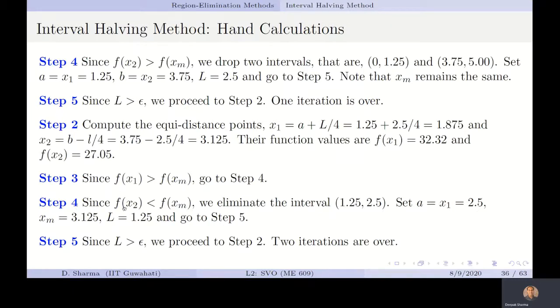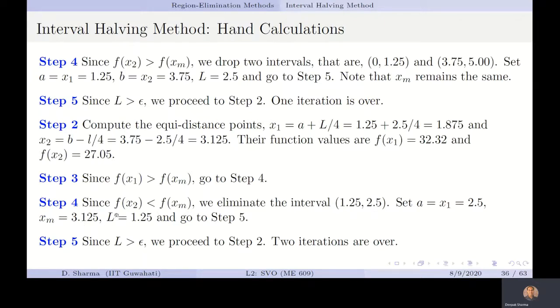Now in step 4, we compare x2 and xm. Since f of x2 is smaller than f of xm, the condition gets satisfied. We have to eliminate the interval from a to xm. So when we are eliminating it, we have to update a as xm, and xm will be 1.25, which is currently x2.